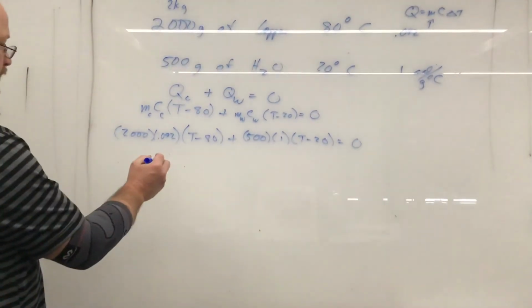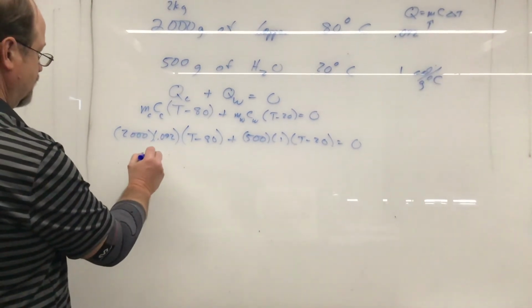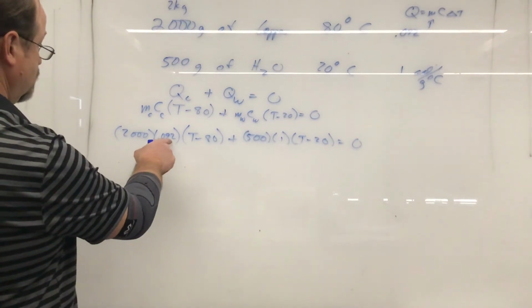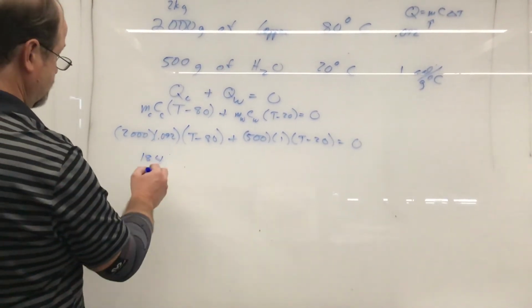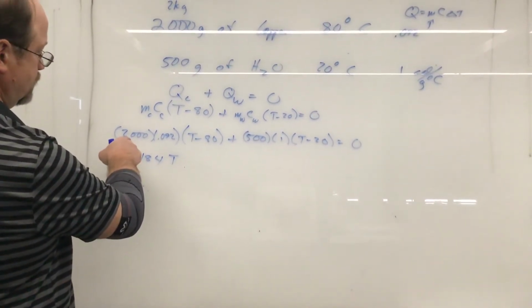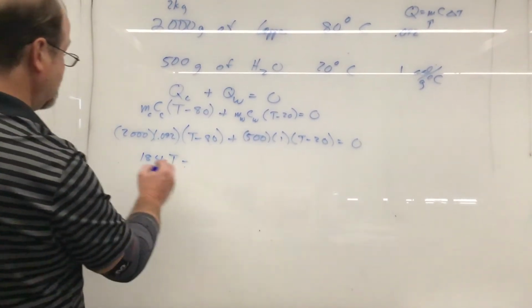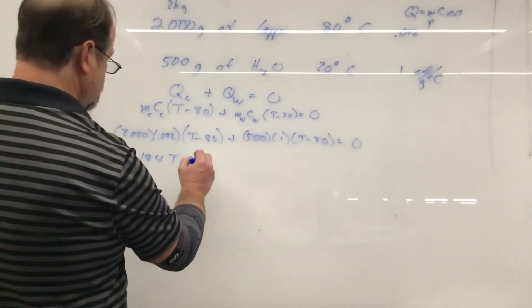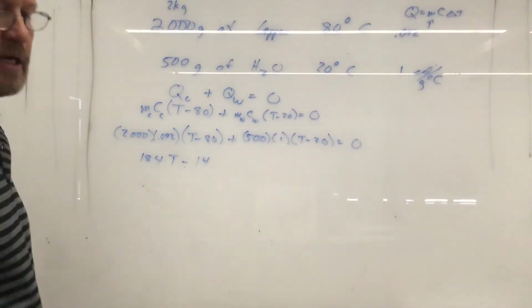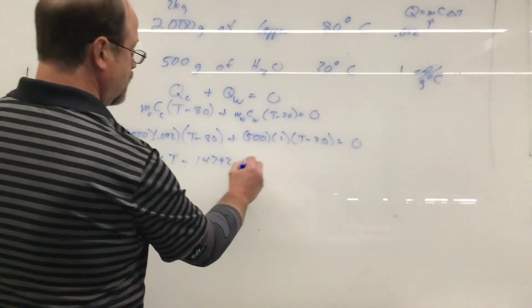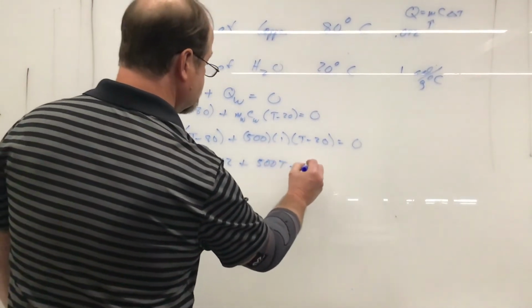Go ahead and do a little bit of math here, and I've got 184T, minus 184 times 80, which is 14,792, plus 500T, minus 10,000.